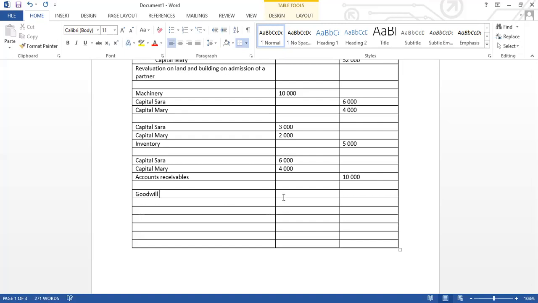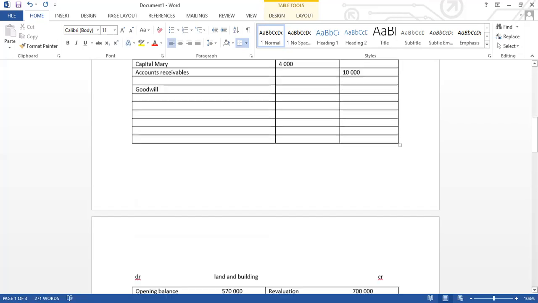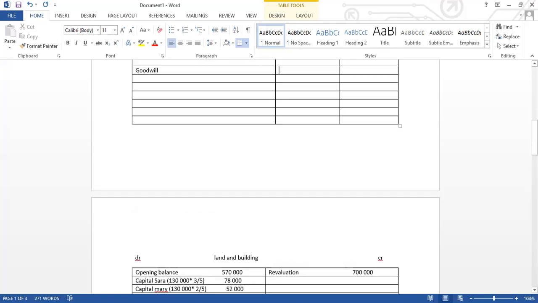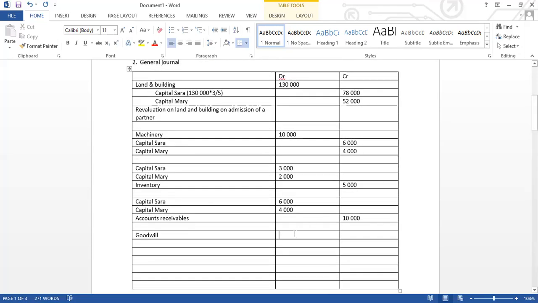So our goodwill, when we calculated goodwill, how much did we get? 192,000. Okay. Now we have to share it among the old partners.